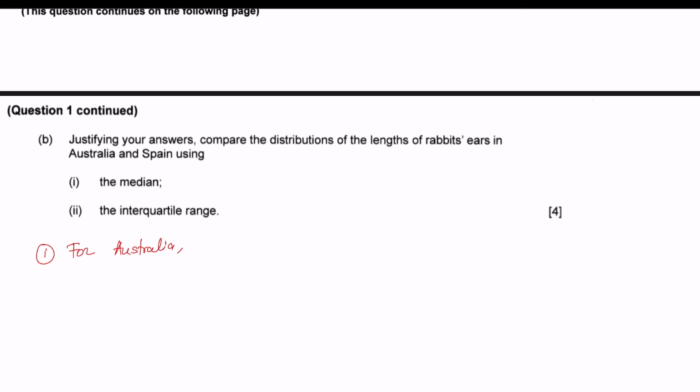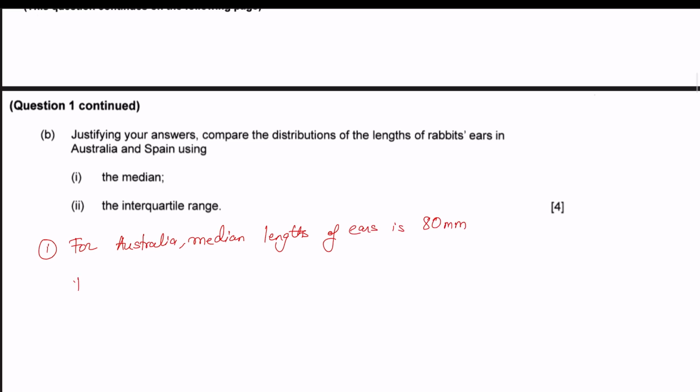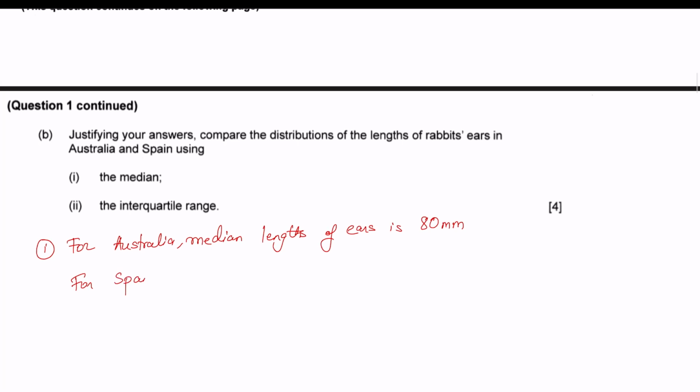For Australia, median length of ears is 80 millimeters. For Spain, median length of ears is 75 millimeters. The median is a measure of central tendency.